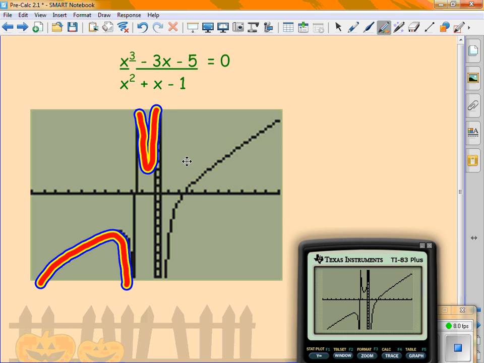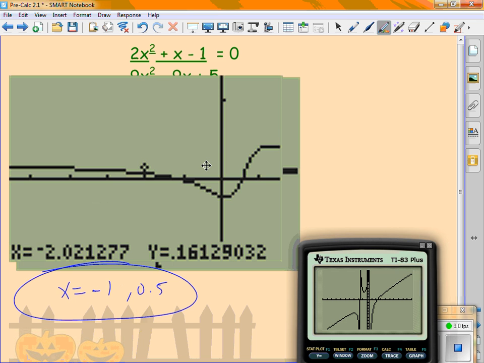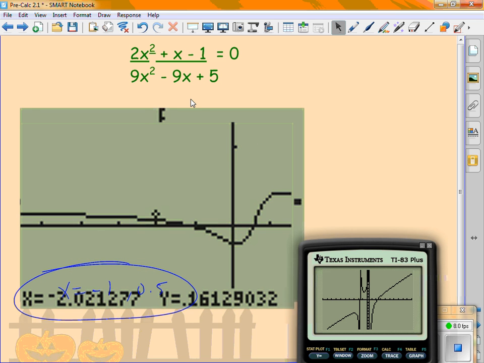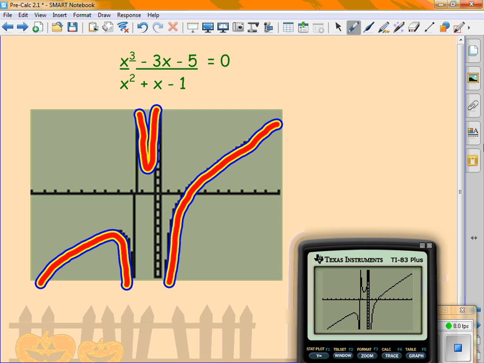Then all of a sudden, it goes like this. It looks very, very bad. When you have a problem that looks like this, we're going to do it a different way. See, this one, we're able to manipulate the screens to find everything, right? What I want you to do, just graph the bottom.